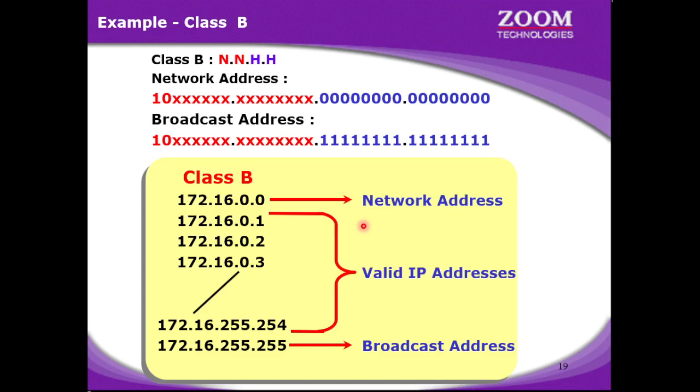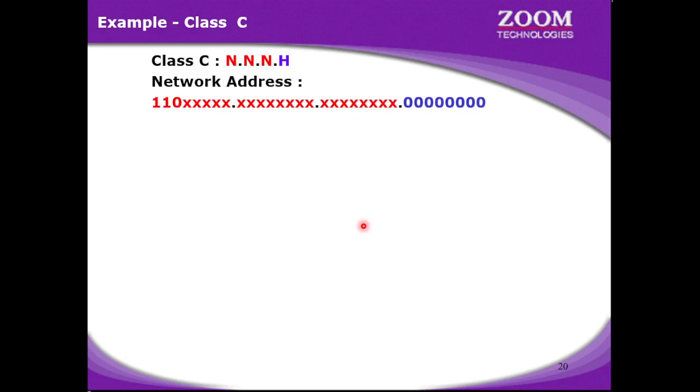Okay? So, let's take an example for class C naman. Si class C, kung makikita nyo, we have network.network.network.host. So, network address niya is 110 for priority bit, tapos tatlong kulay red, and then yung last octet is color blue, or last octet will be the host.